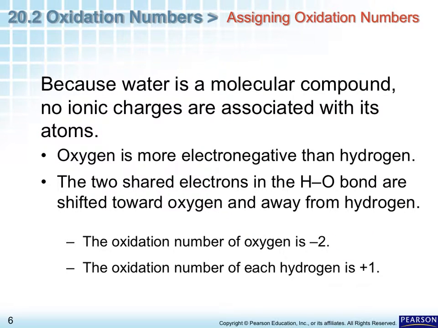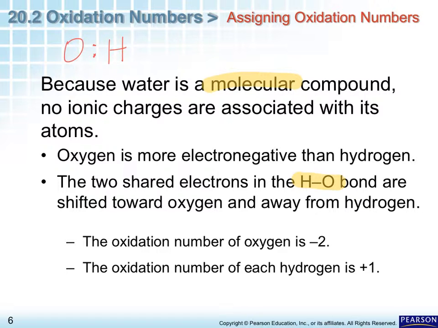So here's how things would work in a molecular compound. We would look at a bond, say between hydrogen and oxygen. We know a bond is 2 shared electrons.